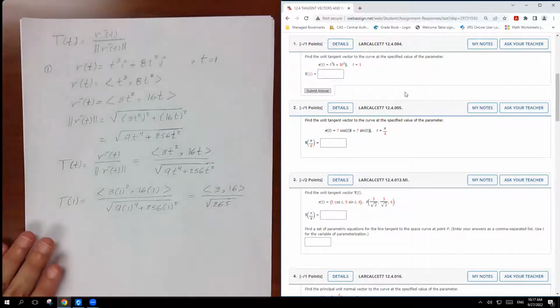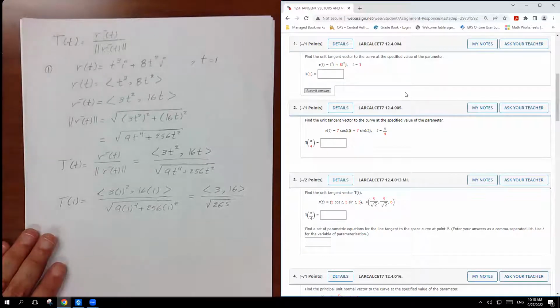Let's see if we can simplify 265. Which number are we going to multiply by a number to get 265?